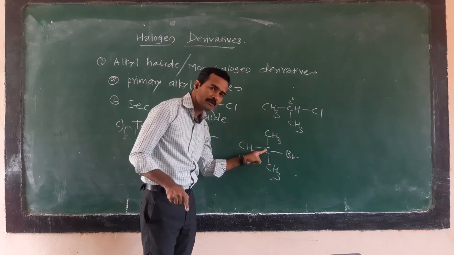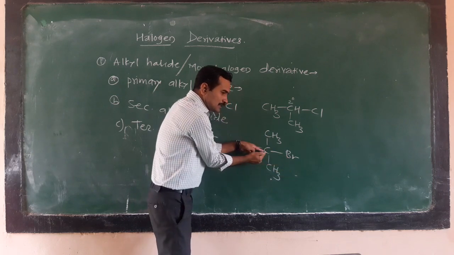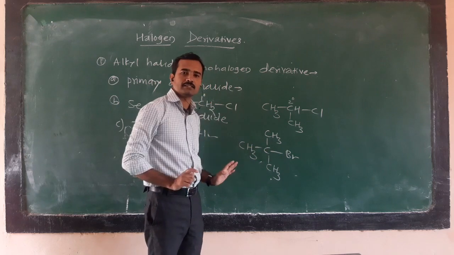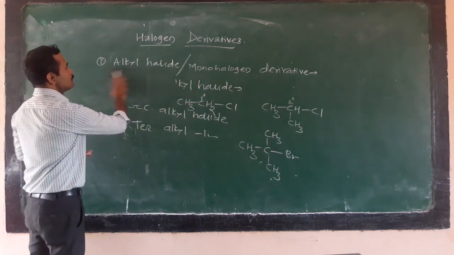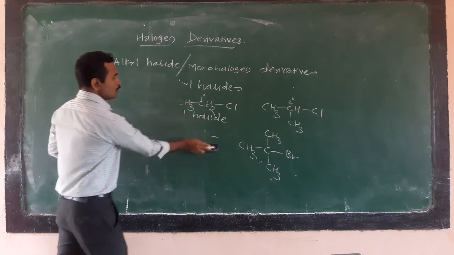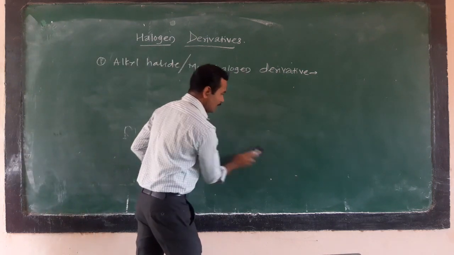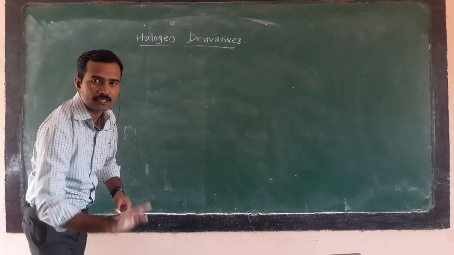So that's why this carbon is tertiary, and the halogen atom is attached to this tertiary carbon, hence the corresponding alkyl halide is a tertiary alkyl halide. So this is the simple classification of alkyl halide, depending on the position of the halogen atom attached to a primary, secondary, or tertiary carbon.